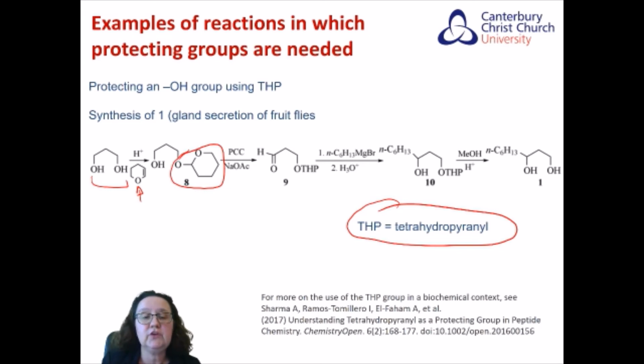Then you do a series of reactions on this hydroxyl group, and then finally, when the almost final molecule is achieved, this would be compound 10, you use acidic medium and methanol to remove that THP protection and liberate the original hydroxyl group that you have in the molecule.